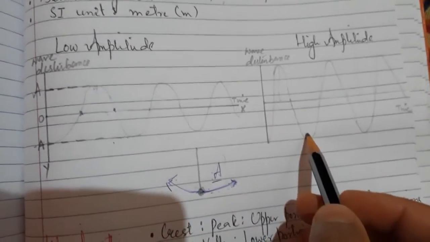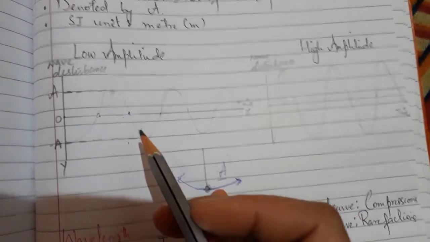Now when we measure amplitude graphically, how does it look like? This is how it looks like. When we talk of low amplitude, it will look like this.